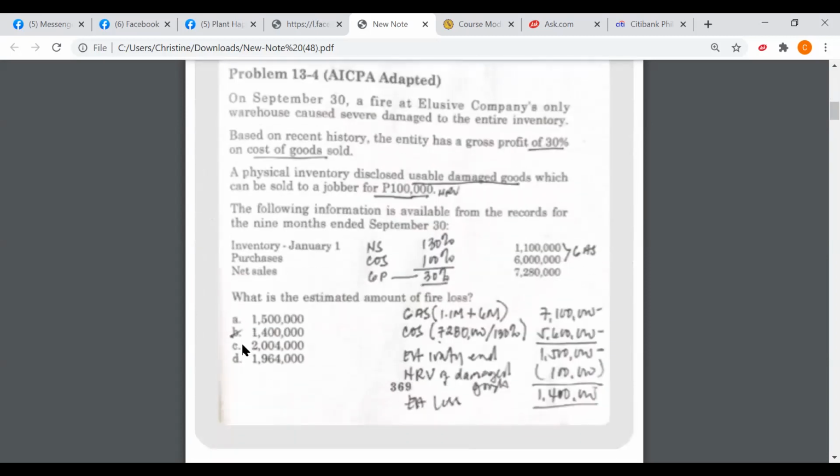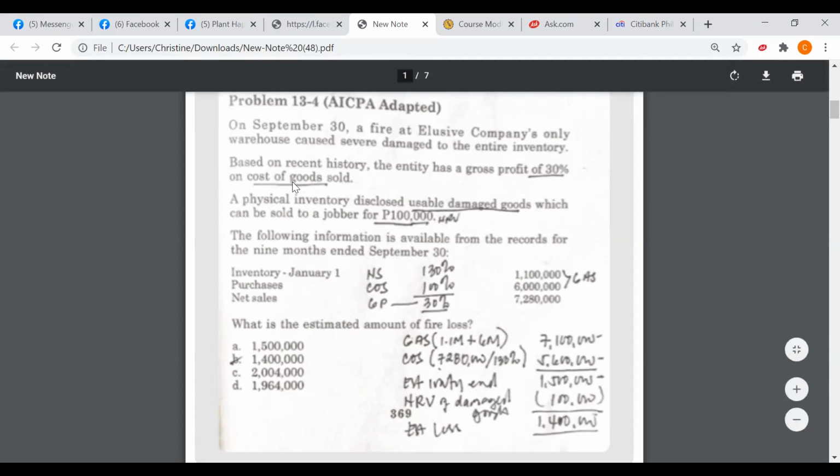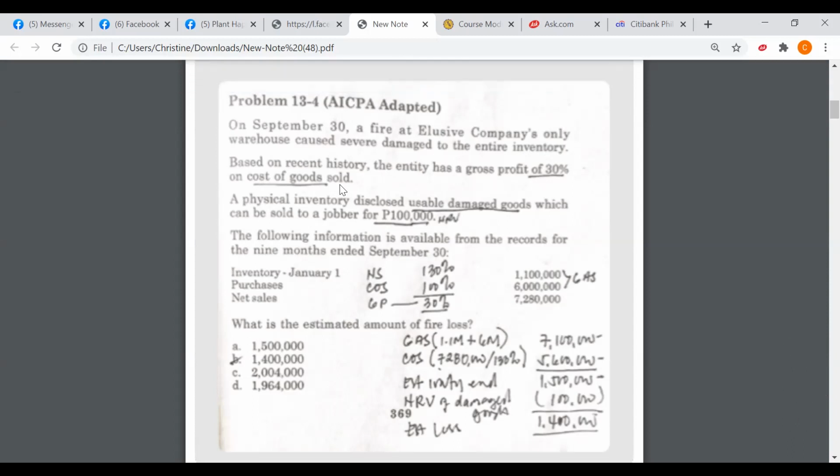The next is 13-4. On September 30, a fire at Elusive Company's only warehouse caused severe damage to the entire inventory. Based on recent history, the entity has a gross profit of 30% on cost of goods sold. So it is gross profit based on cost.